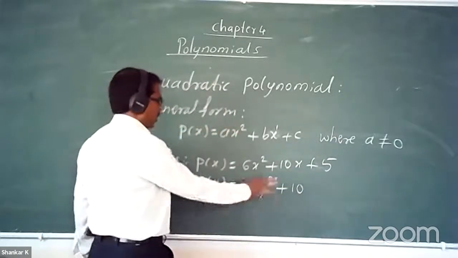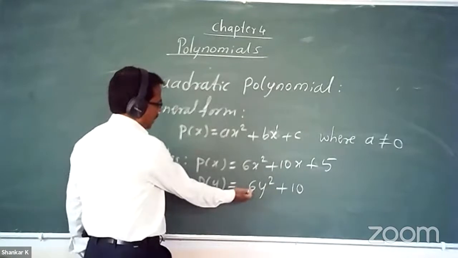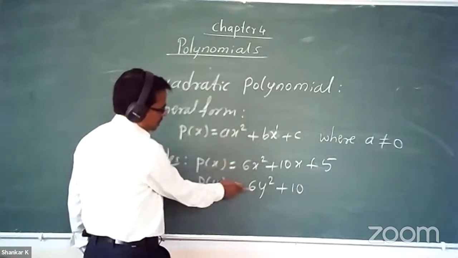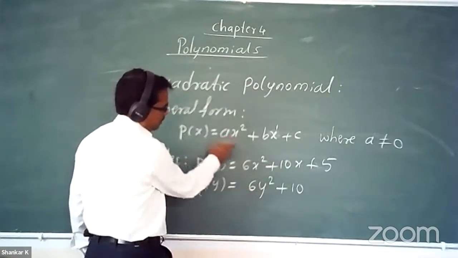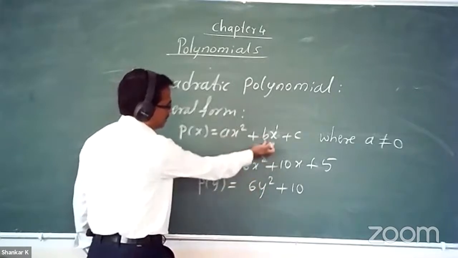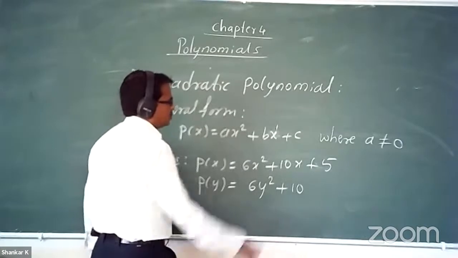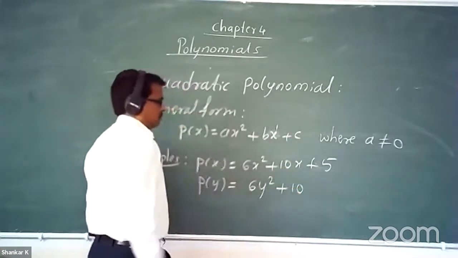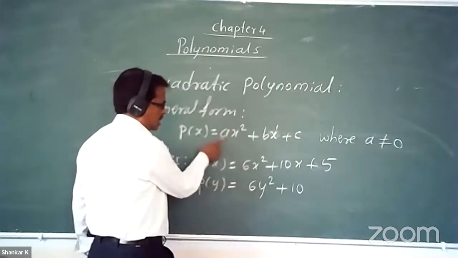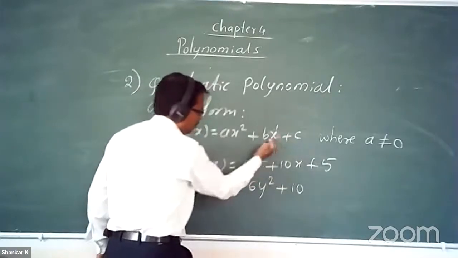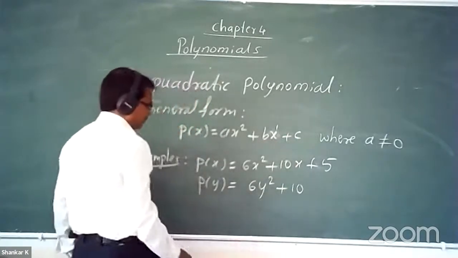So this is also a quadratic polynomial in y. A is 6, in place of x, y is there. The y term is not there, so b is 0, c is 10.